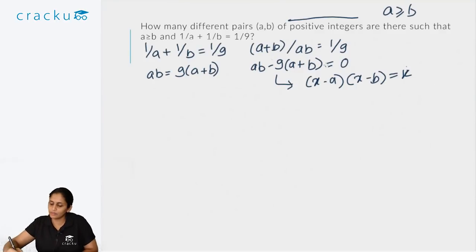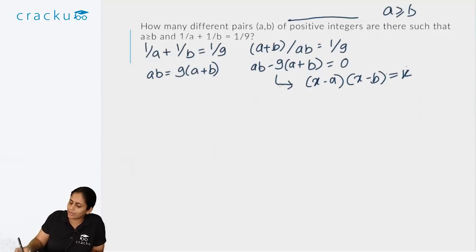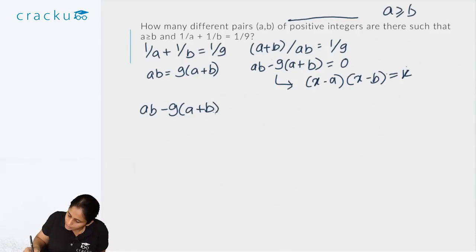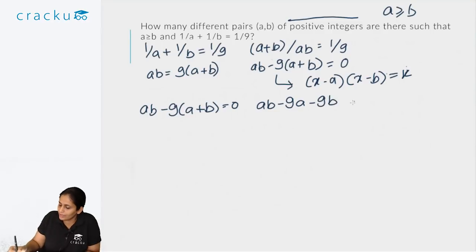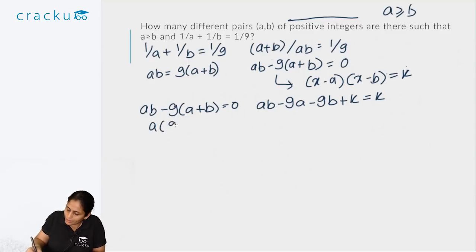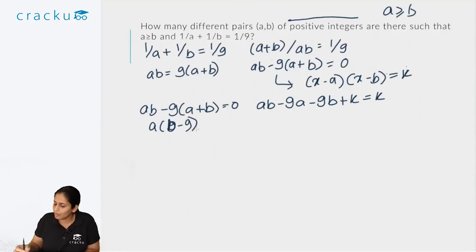So let's see how I can change this equation to this equation. I can write this as AB minus 9 times (A plus B) is equal to 0, or I can write this as AB minus 9A minus 9B. I'll add a constant value k to both LHS and RHS. Now I can write this as A times (B minus 9). Now I should be able to get the same factor out of the second part also.